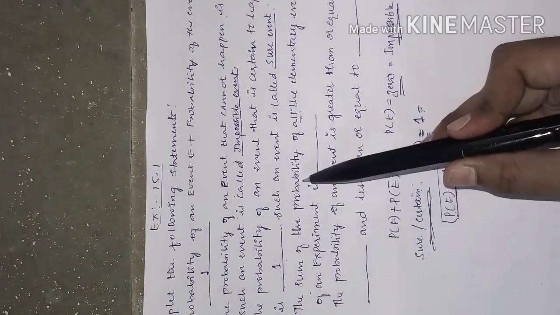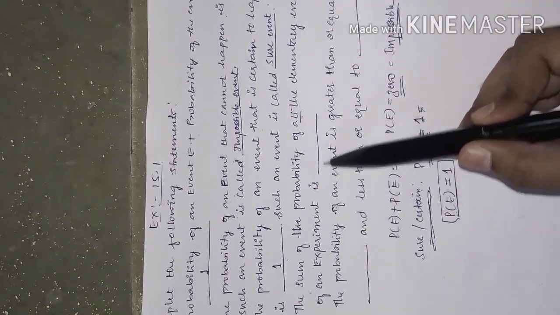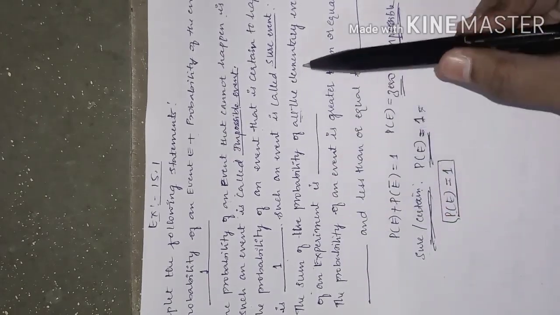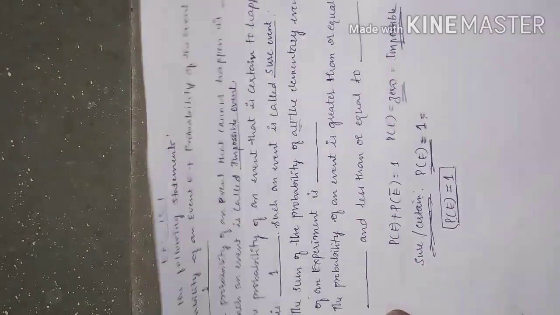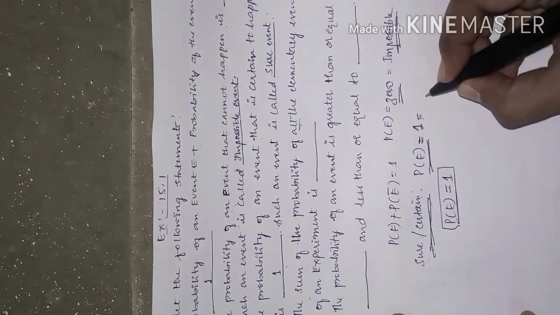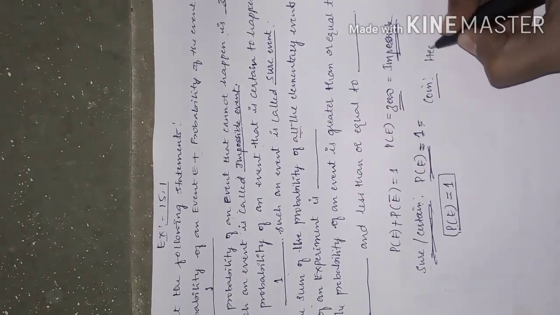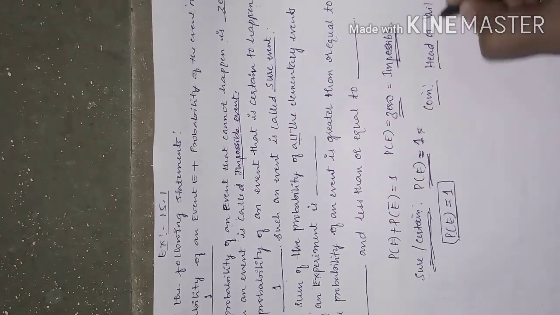The sum of the probability of all the elementary events of an experiment is dash. See, this is a good example. Let us take the coin. We have outcomes head or tail. How many outcomes do we have? 2 outcomes.